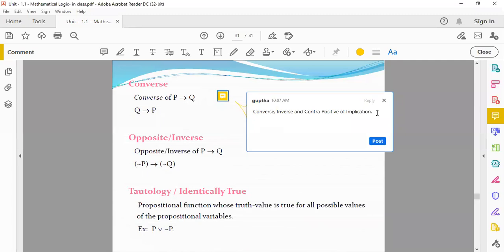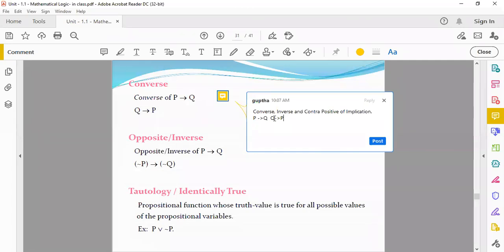First of all, I want to take one implication: P implies Q. Now we want to write it down here. So we have two possibilities: P implies Q is the implication, and the next one is Q implies P.